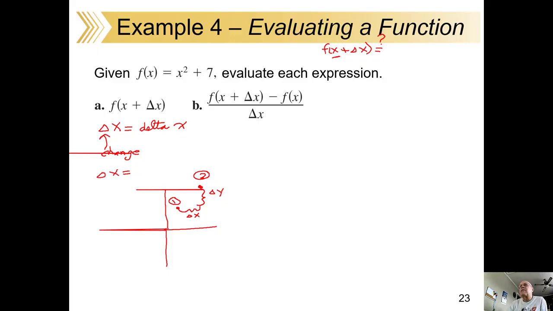And we want something very close to that 3. So we'll add a very, very small positive number to that. Maybe this x plus delta x is 3.001. This 0.001 is the delta x. It's just a little bit bigger than the x we started with. That's what it represents.